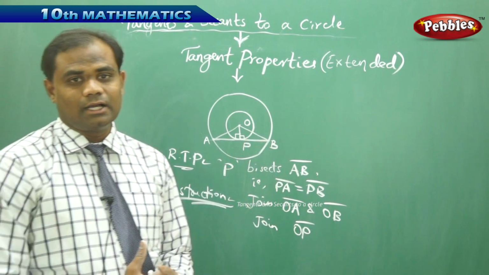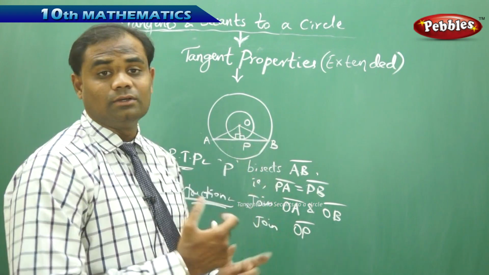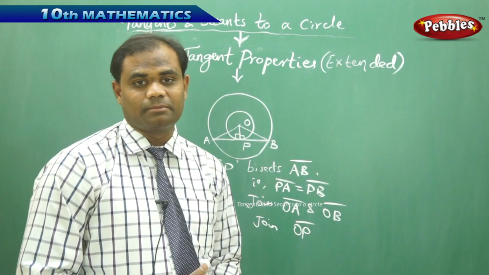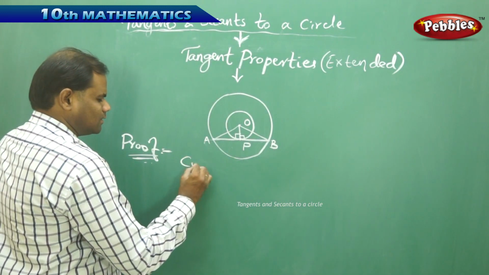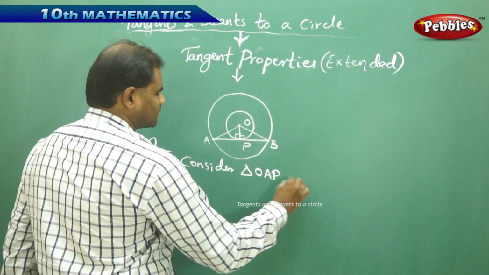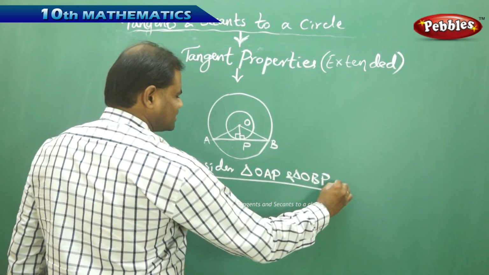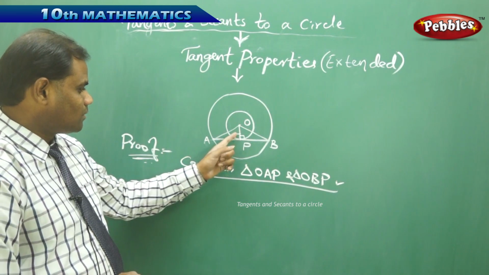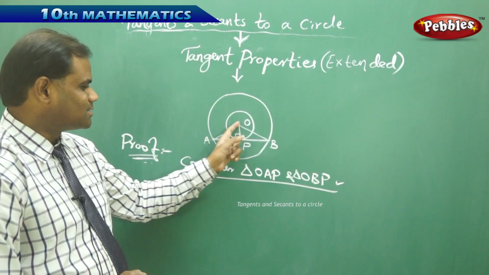Therefore, let's see how we can prove this using the two triangles AOP and BOP. So to start with the proof of the statement. Considering triangle OAP and triangle OBP, clearly I see that these two triangles are congruent, as one of the angles is 90, one of the sides is common, and the third side is the radius.